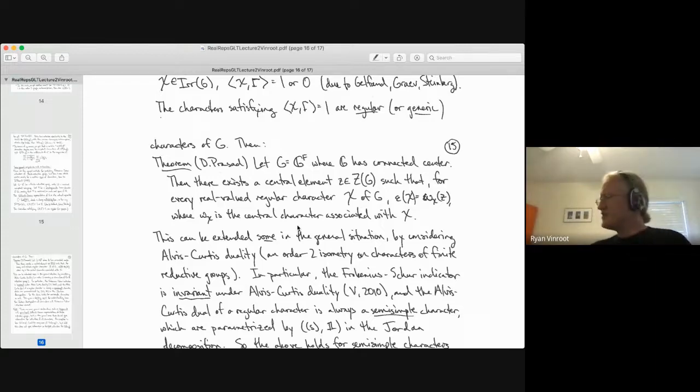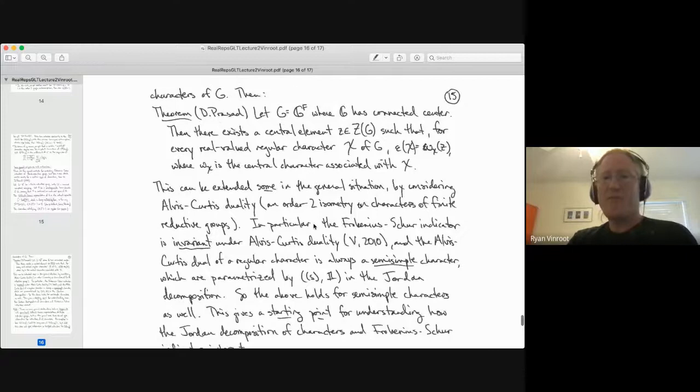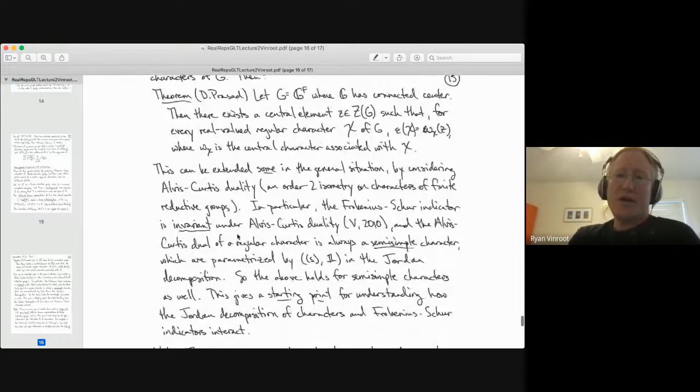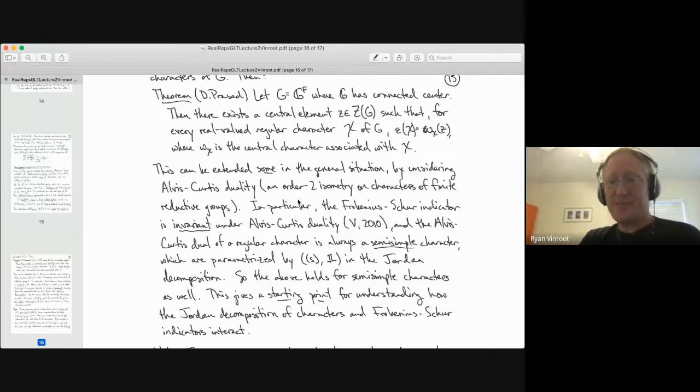One can think of this combinatorially for Sn: if one transposes the diagrams of partitions, then this gives an order 2 isometry on the characters of the symmetric group. Alvis-Curtis duality is some kind of extension of this map. But one result is that the Frobenius-Schur indicator is invariant under Alvis-Curtis duality. That's something I managed to prove in 2010.